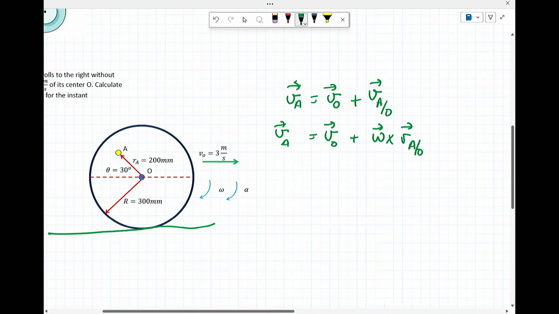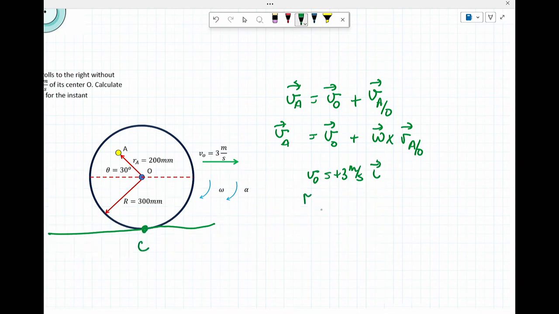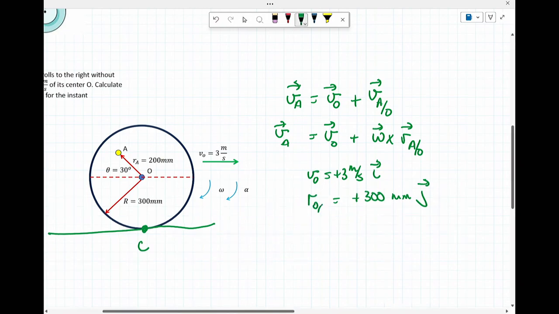and recognize from just looking at this body, if v naught is equal to 3 meters per second in the i direction, and that's positive, and r of C with respect to O is equal to plus 300 millimeters in the j direction, or O with respect to, no, r of O with respect to C, C is plus 300 millimeters.